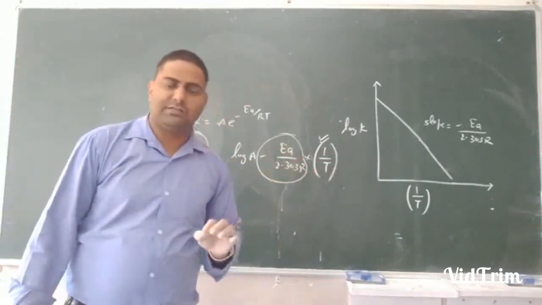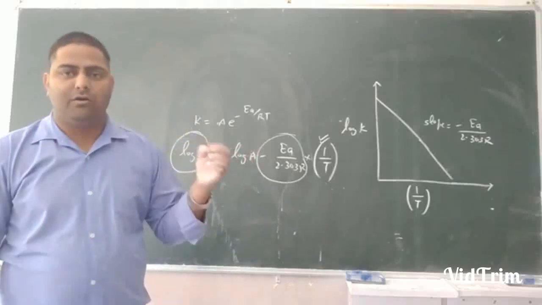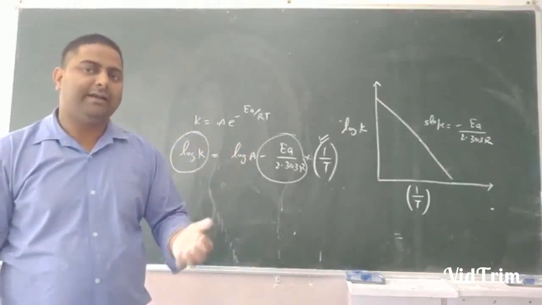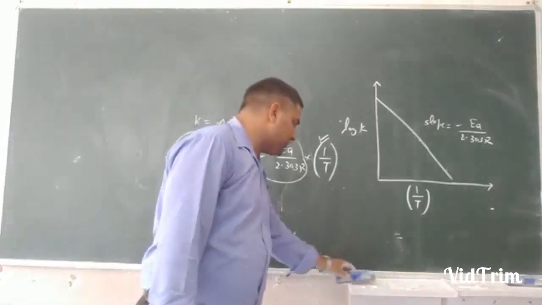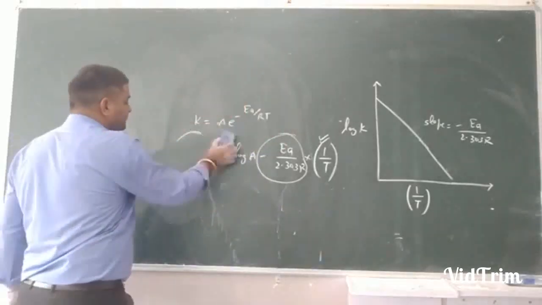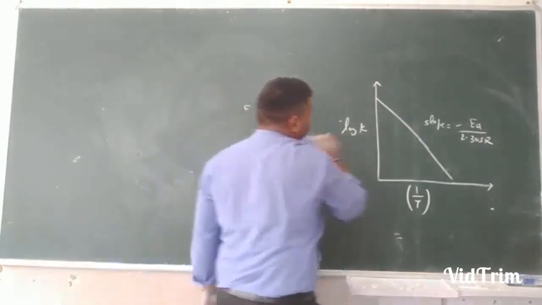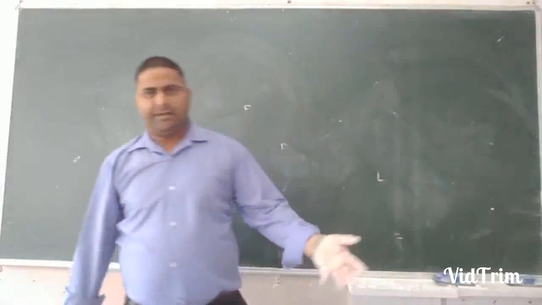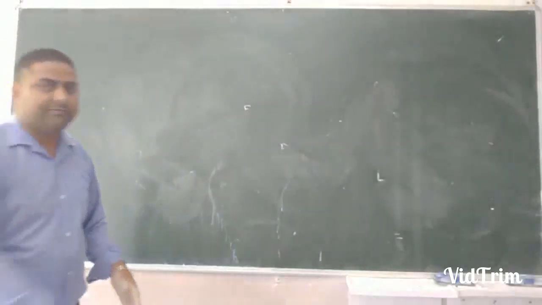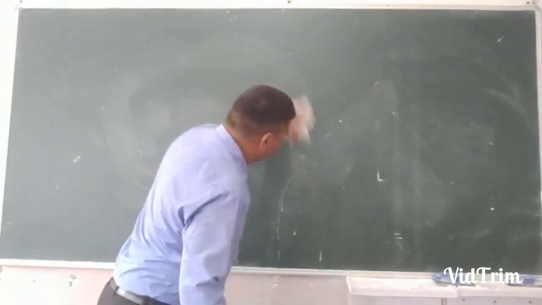Now we are moving towards the last topic of the chapter, and that is collision theory. What is this collision theory and what does it have to say? Of course, we will discuss numericals. We are left with a few numericals of the Arrhenius equation.